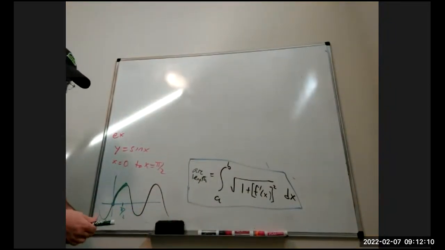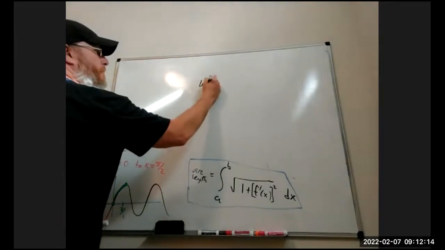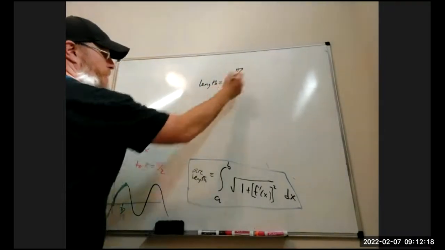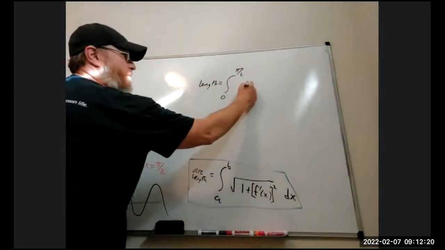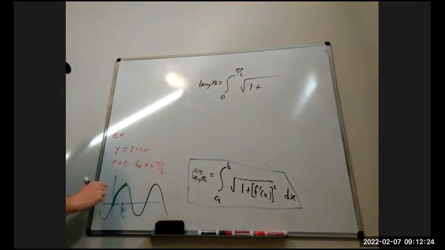All right, so to get this arc length, we're going to integrate from 0 to pi over 2. We need the square root of 1 plus the derivative of this squared. So what's the derivative of sine? Cosine? Cosine, beautiful.